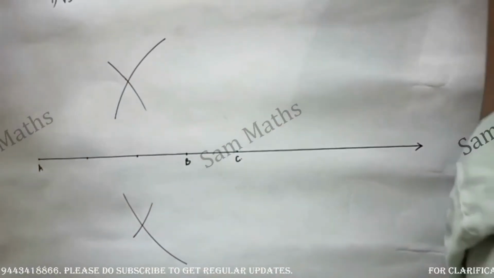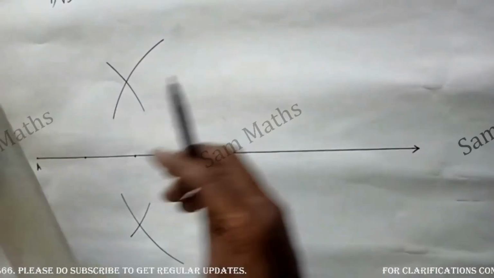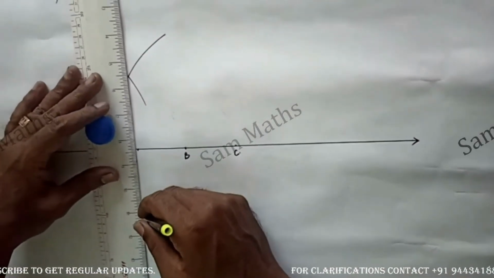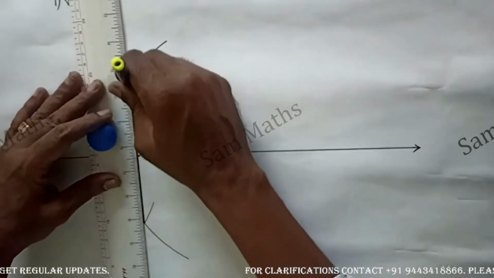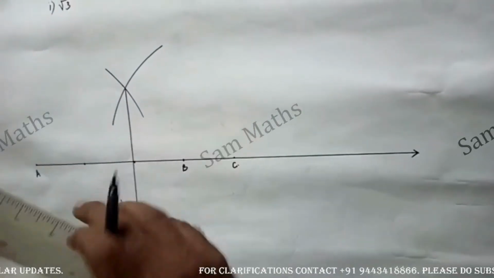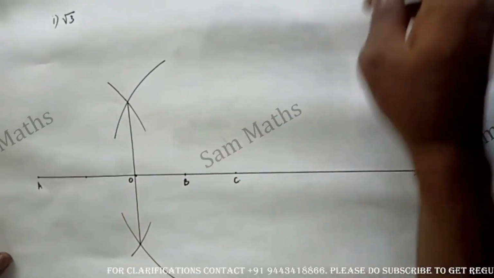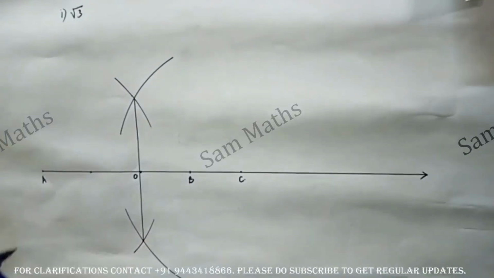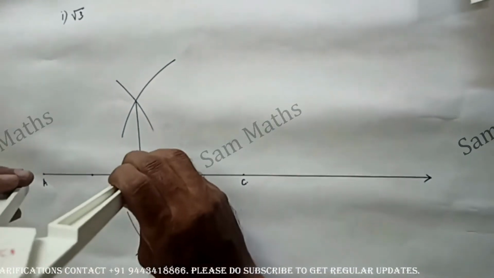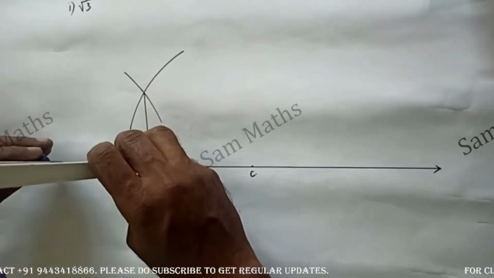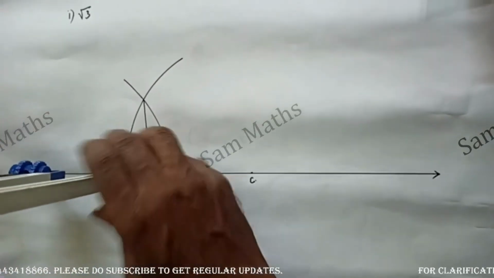Now you can join this. While joining you are getting the perpendicular bisector. Right, children? So let it be O.